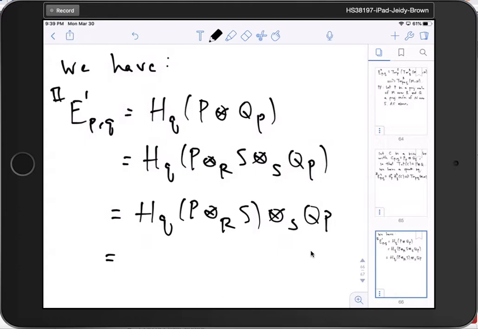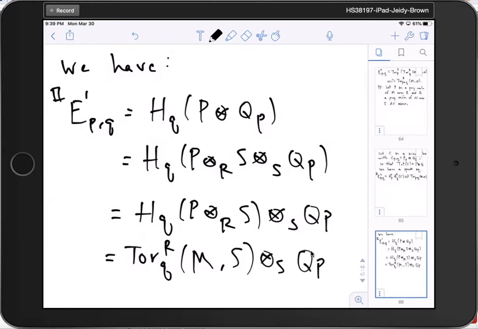Okay, so we arrive at that. But we know what this H_q of P tensor over R with S is. That's not Tot, but Tor_q^R of M against S, and then tensor with Q_p. Okay, so that's the E1 page. And now to get the E2 page, we just need to take vertical homology.